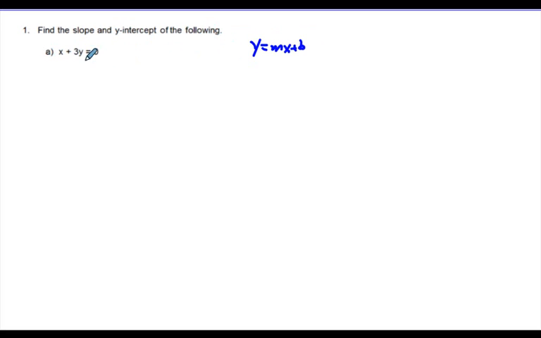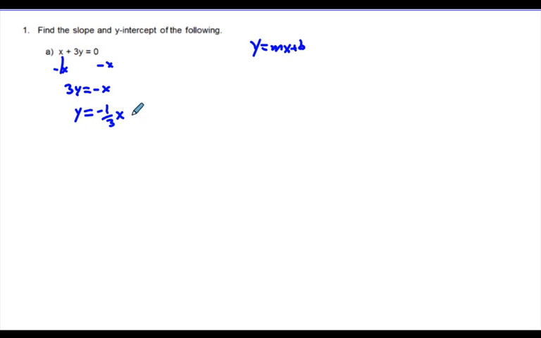If we solve for y, we have 3y equals negative x, and then we divide by 3, so y is equal to negative 1/3 x, and we don't have any constant attached here.